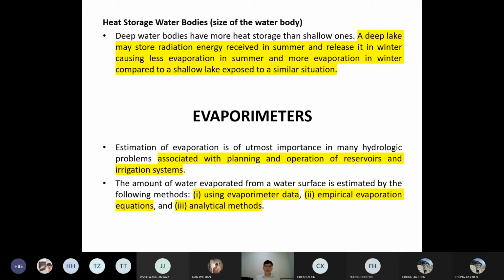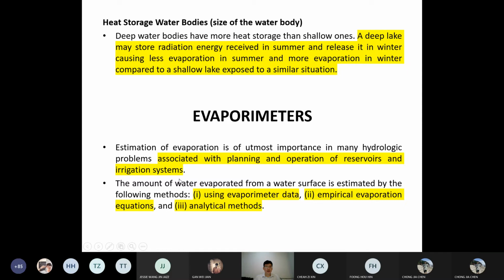So it is associated with planning and operation of the reservoir and irrigation system. Maybe in the reservoir, we will put the evaporation pan there as well to measure the evaporation rate, because we want to know the loss of the reservoir due to evaporation.